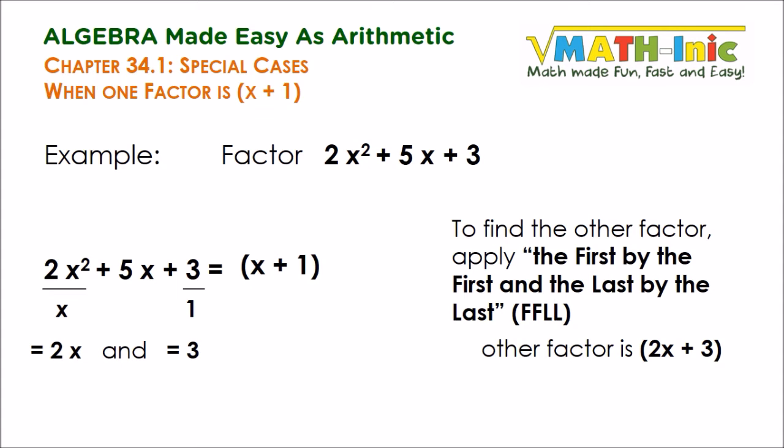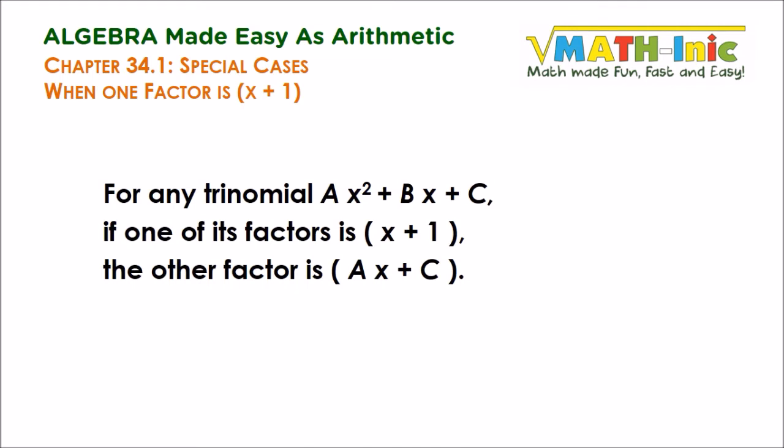So the other factor is 2x plus 3. 2x squared plus 5x plus 3 is therefore equal to x plus 1 times 2x plus 3. For any trinomial ax squared plus bx plus c, if one of its factors is x plus 1, then the other factor is ax plus c.